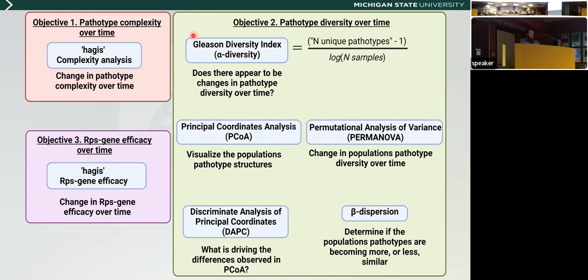Again, we used the Haggis package as well as principal coordinates analyses to visualize these groups of pathotypes, and a discriminant analysis of principal components to identify what variables in that principal coordinates analysis are driving the differences that we see. To test for significance, we used PERMANOVA, and then beta dispersion to try to determine if these pathotypes are becoming more similar or more diverse over time.